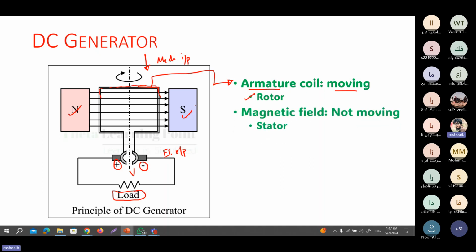The second one is the magnetic field, the North Pole and South Pole, which is not moving. If both are moving, there will be no relative motion, so one needs to move and the other needs to be stationary. Because this is stationary, we call it a stator. So the generator has these two components, stator and rotor.